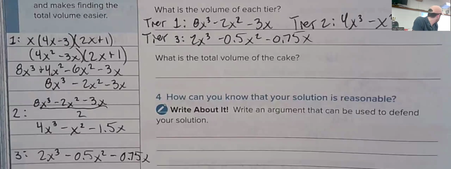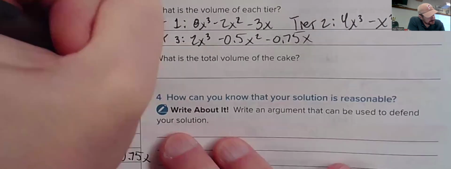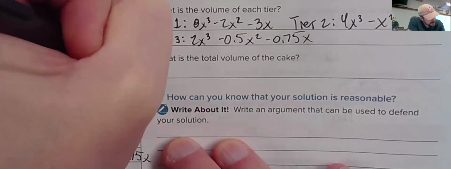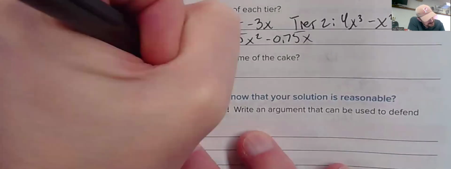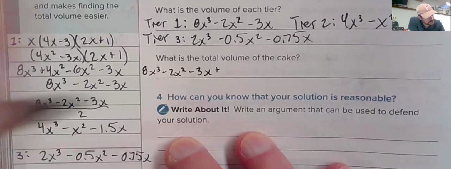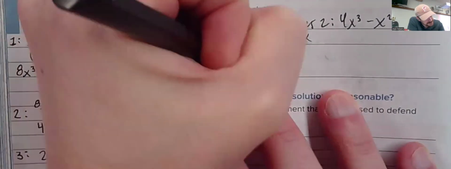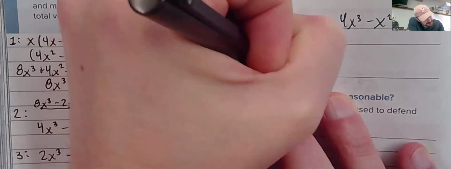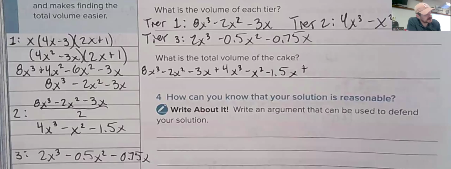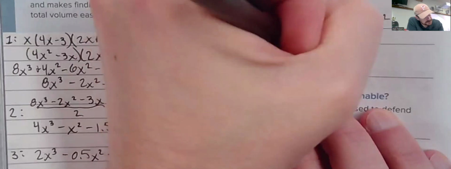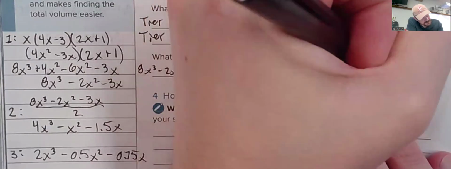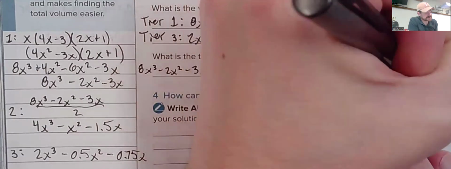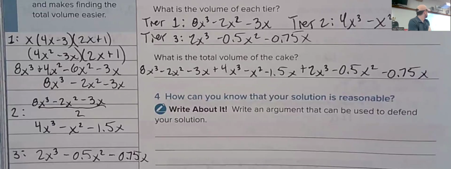Total volume then would be, here we go: 8x cubed minus 2x squared minus 3x plus 4x cubed minus x squared minus 1.5x plus 2x cubed minus 0.5x squared minus 0.75x. All right.